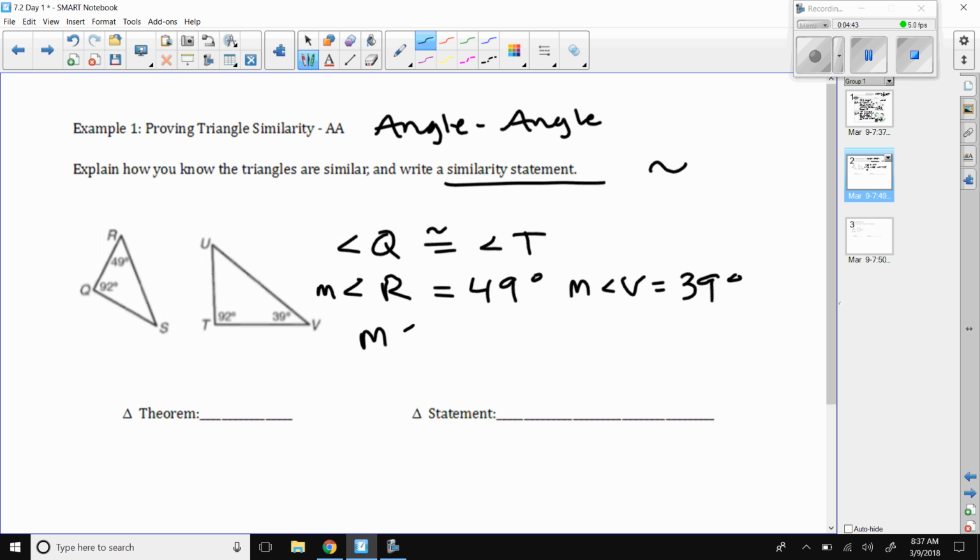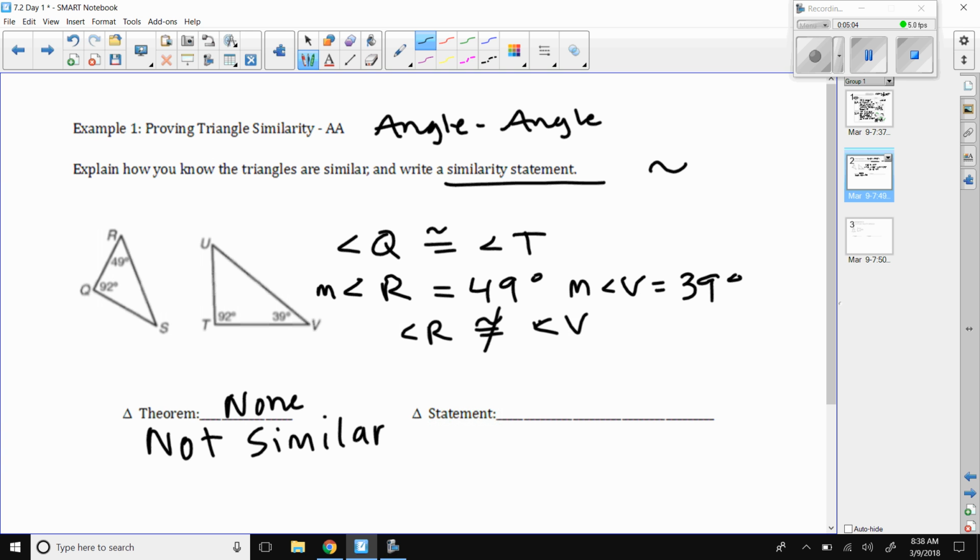These are not congruent. The measure of angle R is not congruent to angle V. So these do not satisfy the triangle theorem. These are not similar.